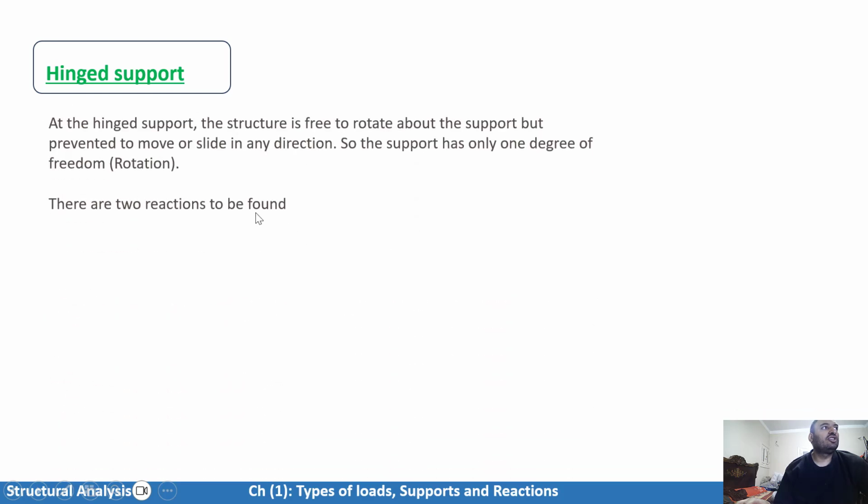Second type of support is the hinged support. At the hinged support, the structure is free to rotate about the support, but prevented to move or slide in any direction. So the support has only one degree of freedom. It is rotation. There are two reactions to be found.